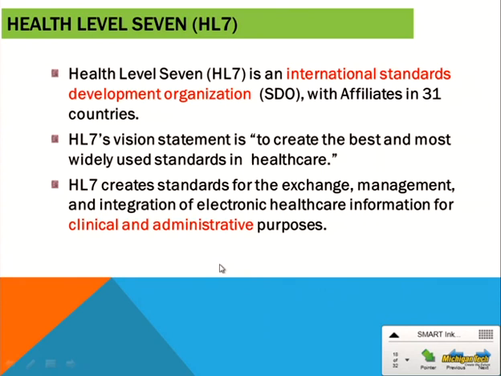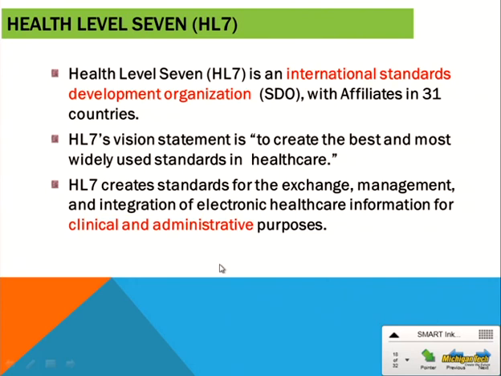Currently, I remember it has 31 countries with affiliation. I remember the United States and UK are members. But China, I found, is not a member. Japan is a member. Also, Australia, I remember, is a member of this organization.